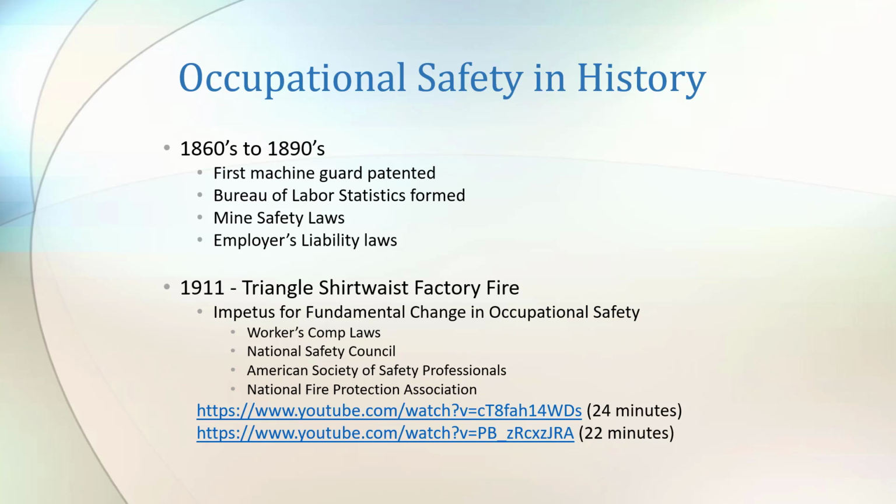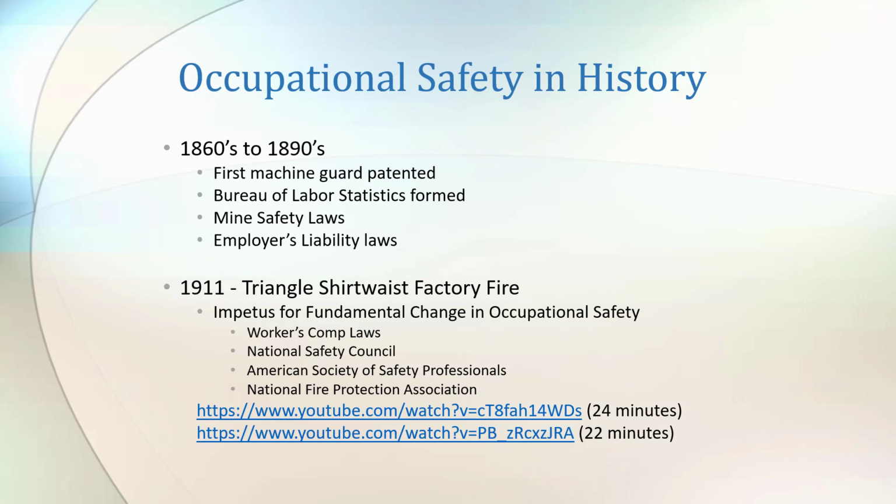They have all kinds of data on the United States and the workers, and there are some world data also. You had mine safety laws come about, and you had some employer liability laws. Still not much really protecting the worker, but it was starting to generate new laws and new ideas to protect the worker.